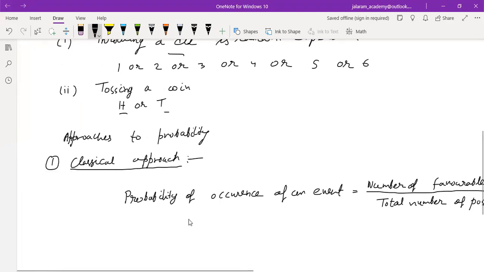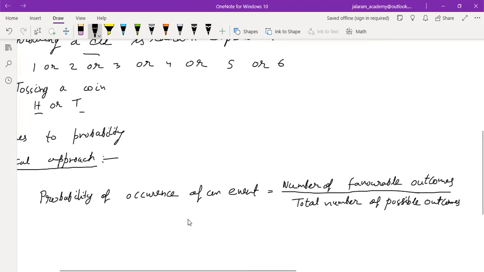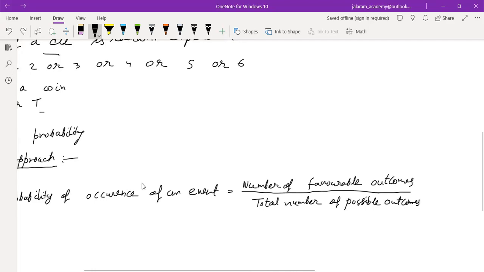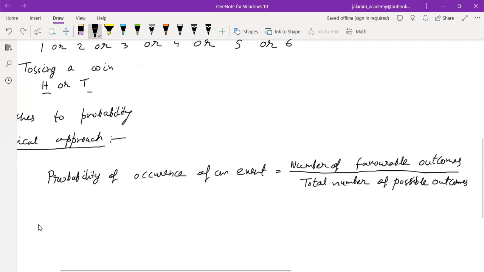According to classical approach to probability, probability of occurrence of an event equals number of favorable outcomes upon total number of possible outcomes. Okay, written, everyone? Yes, sir.